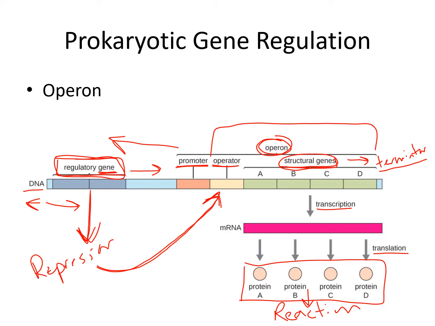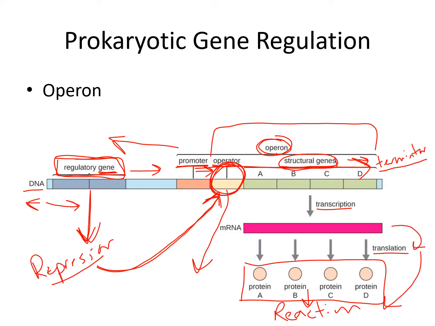So the way an operon works is that if the repressor is bound to the operator, then the RNA polymerase is unable to transcribe the genes. This is sort of like a roadblock. If you want gene expression, then all you have to do is remove the repressor, and then the RNA polymerase can go ahead and transcribe the genes, and then that mRNA gets translated, and then you get the proteins.